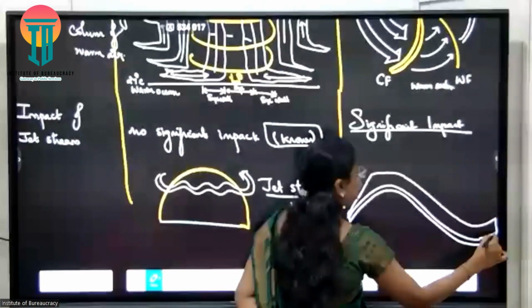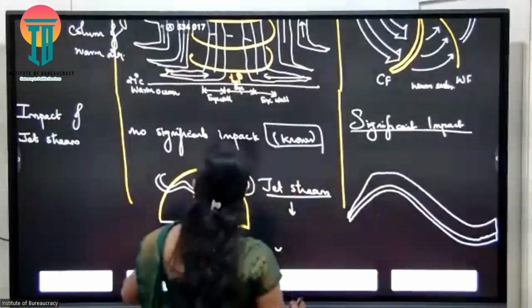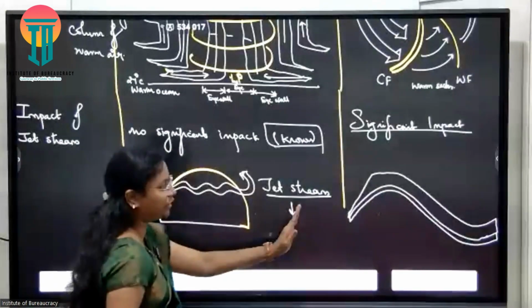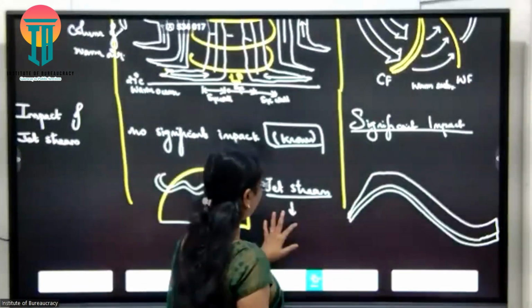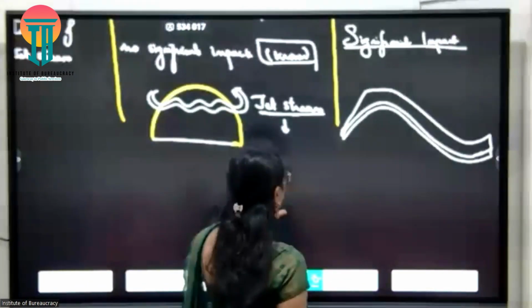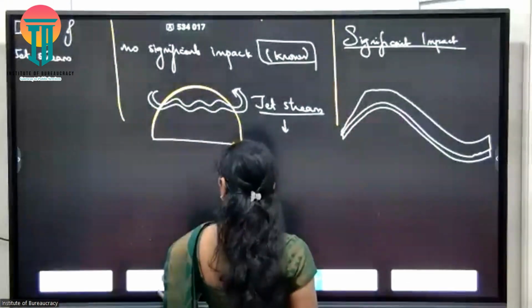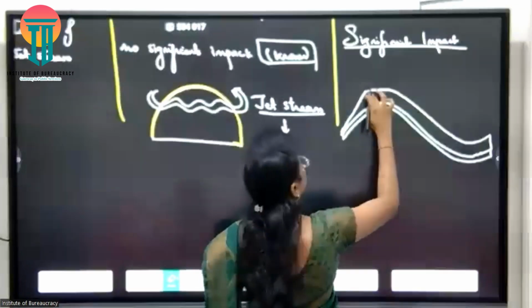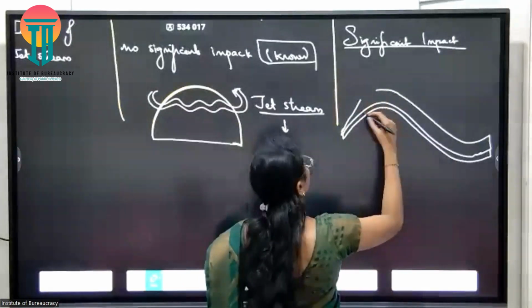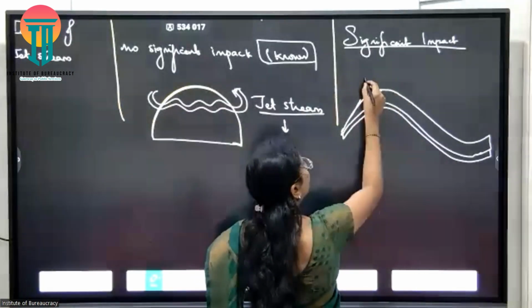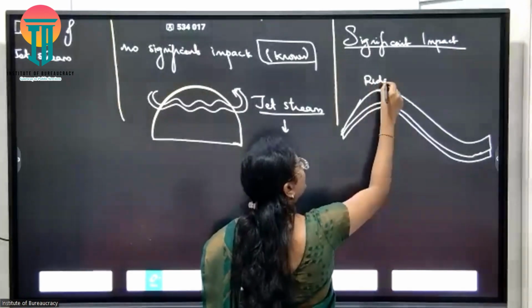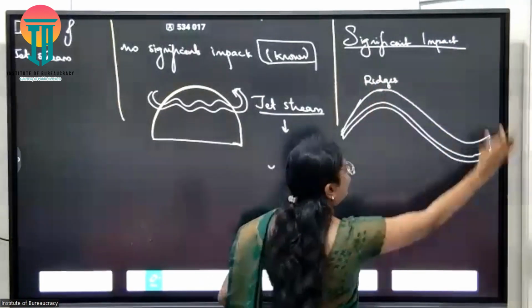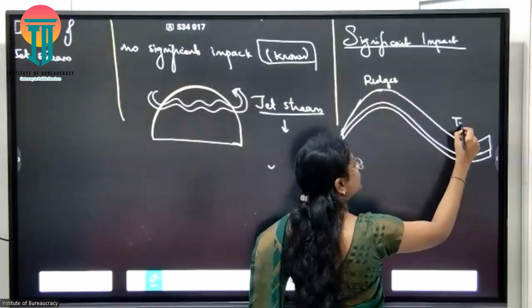So this will definitely have two segments, that is an upstanding portion and a depression like portion. This upstanding portion is called the ridges of the jet stream, ridges, and this low lying portion is known as troughs.